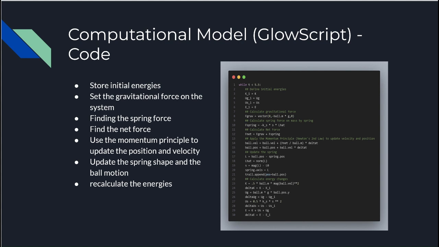Then we find the net force by adding the force of gravity plus the force of the spring. Then we use the momentum principle to update the position and the velocity of the mass as it moves. Then we update the spring shape and the ball motion. Then we recalculate all the energies, and this is looped.